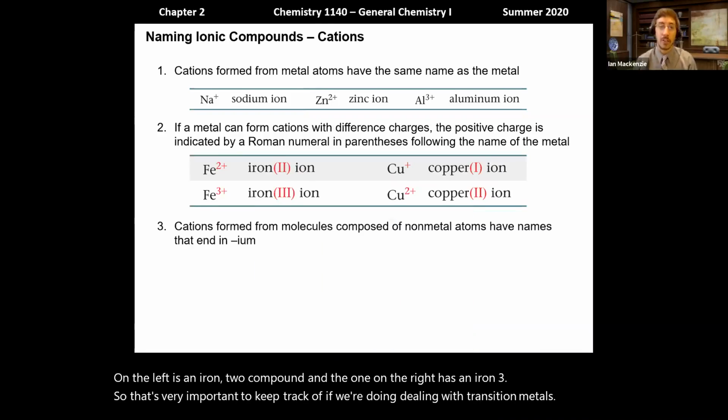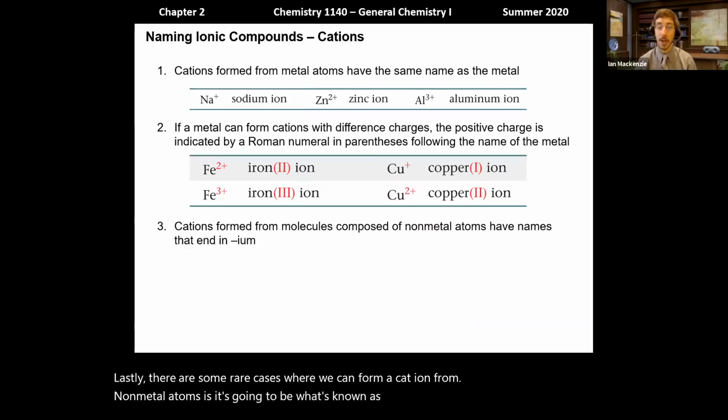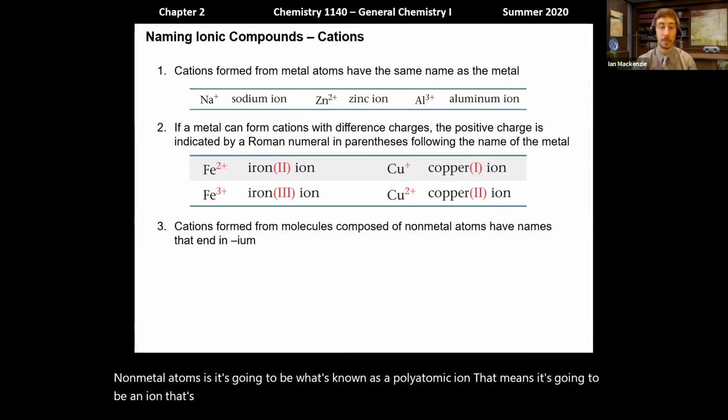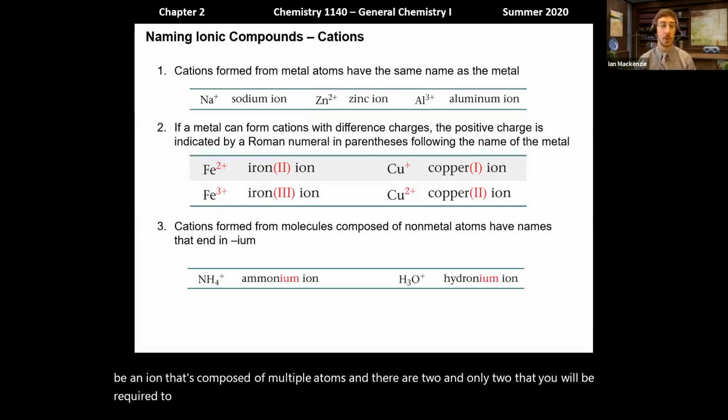Lastly, there are some rare cases where we can form a cation from non-metal atoms. This is going to be what's known as a polyatomic ion. That means it's an ion that's composed of multiple atoms. And there are two, and only two, that you will be required to know, and that is the ammonium ion and the hydronium ion.